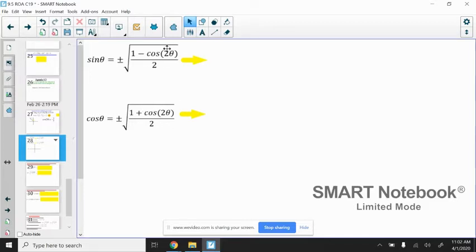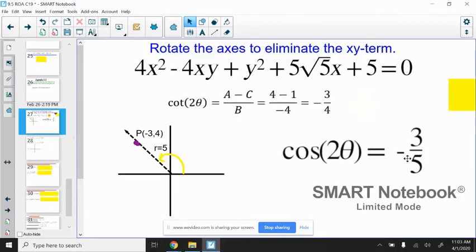Notice that half of twice an angle is a single angle, which is good to know because for my rotation values, I need to know the sine of theta and the cosine of theta. Also recognize that both identities just require the cosine of twice theta, which you and I figured out from the previous slide is equal to -3/5.